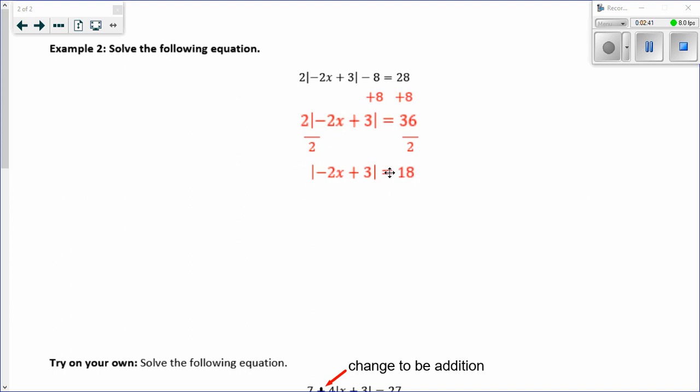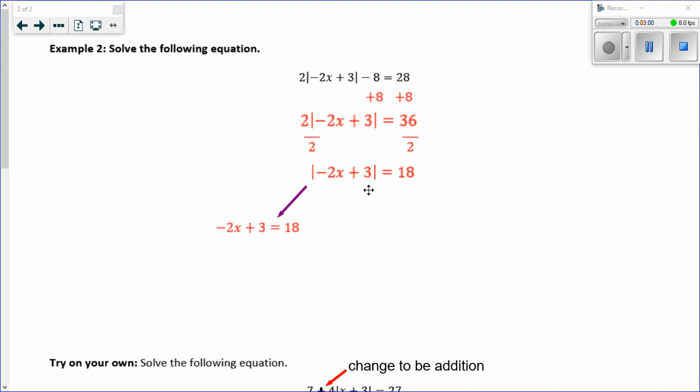Now that I have the absolute value by itself, and it's positive, I can split it into two equations. The first one, I'm going to take what's inside the absolute value and make it equal to the positive number, so -2x plus 3 equals 18.